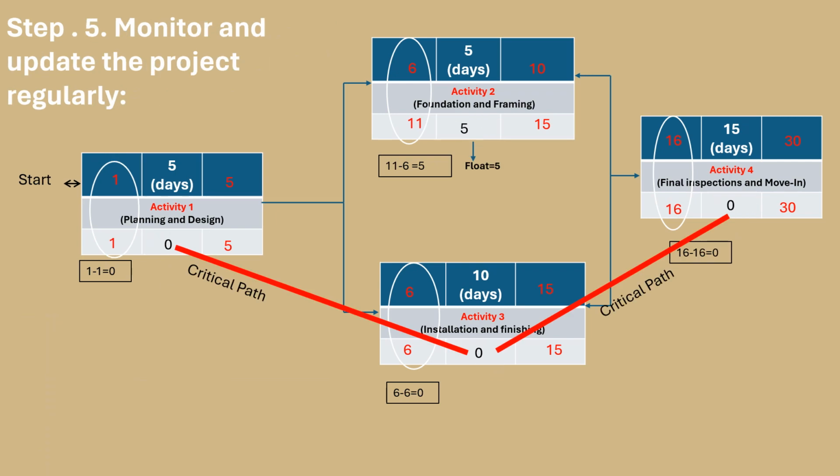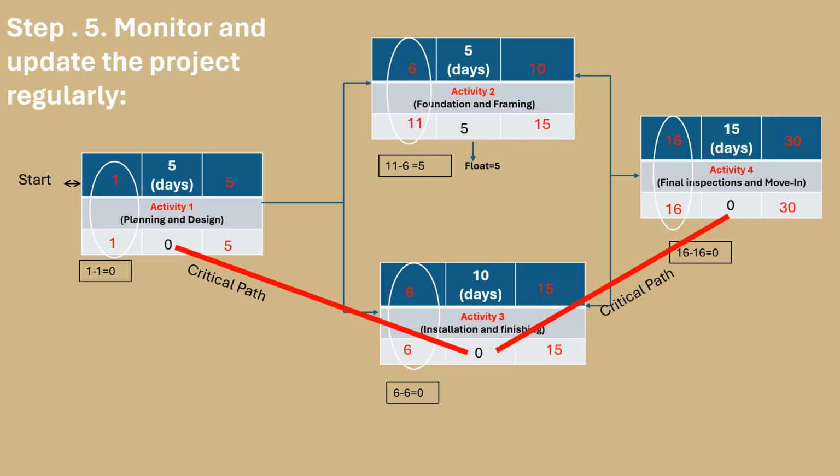Finally, we've successfully identified the critical path, and it's evident which activities have some float or flexibility. This means these activities can tolerate slight delays without affecting the project's overall duration significantly. However, it's crucial to remember that project management is not a set it and forget it process. Rather, it's a dynamic and ongoing effort.